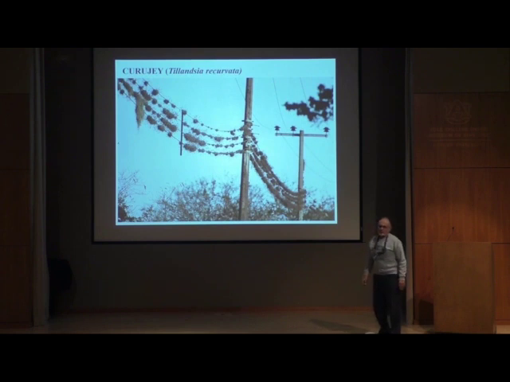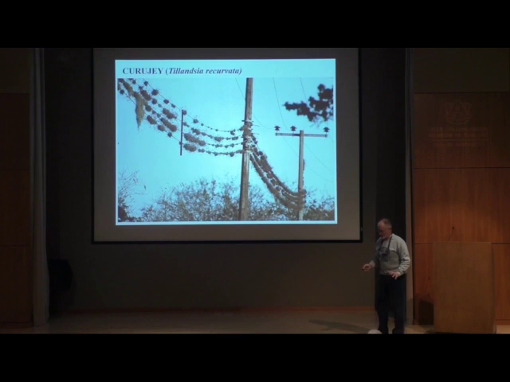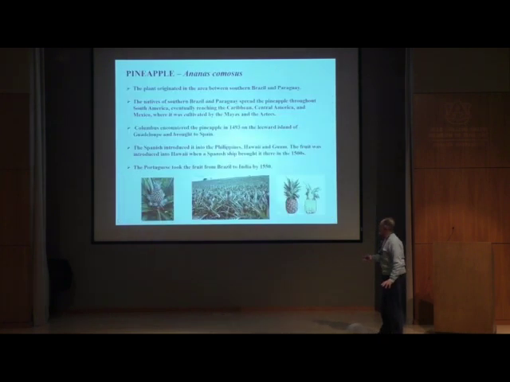And it causes a lot of headaches because it goes into cables, and that's how easily they reproduce. And this weight, okay, and sometimes you don't get your telephone or electricity because this thing collapses. So you have to be careful. The bromeliads know how to establish themselves, okay? That's the point.